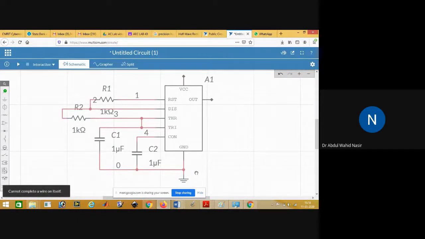The ground is connected. Now we will have the output resistor load. At the output we will connect one resistor, at which we will see the variation of the voltage. Again I'll copy one resistor, copy and paste. Now I can rotate it like this.